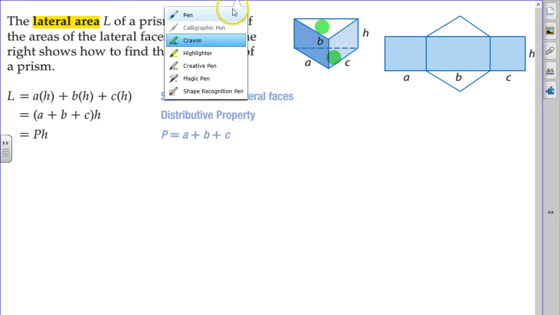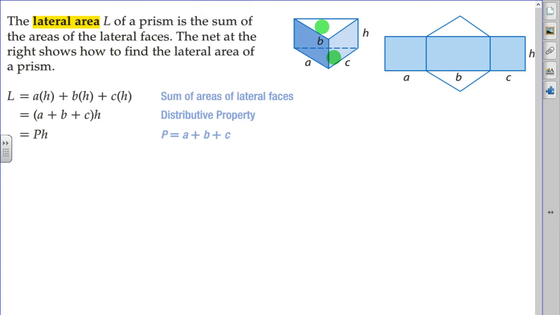Let's use marker, pen, and we'll just cut right down this seam. And when you do that and then cut along right here, it opens up and you get the two bases and you get this big rectangle.